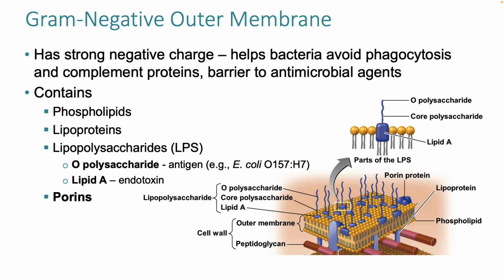And so that also makes it really important for you to consider, let's say you're a physician and you're prescribing antibiotics to a patient who has a gram-negative infection. Do you want to give them an antibiotic that's going to cause the cells to lyse and release all of that endotoxin? Maybe not. So it's things that you have to think about. What are the implications clinically when you're looking at these different types of cells?